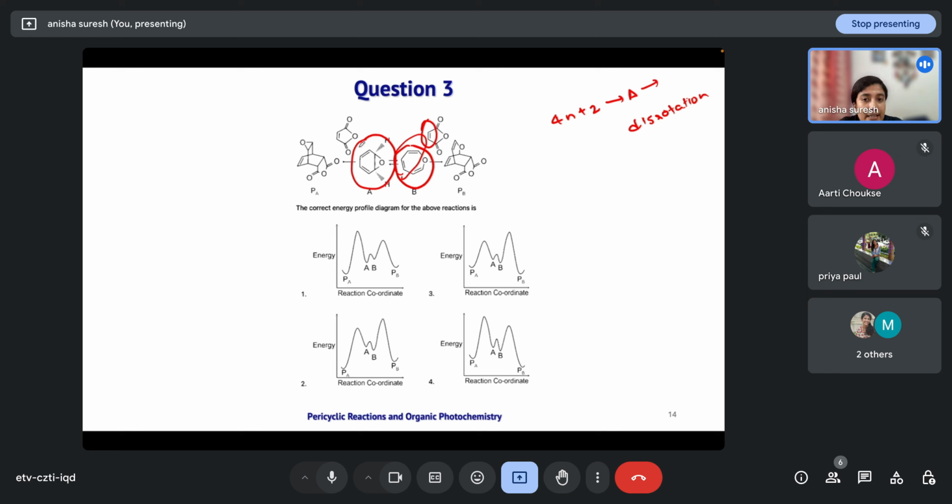And in this case, this is the diene and this is the dienophile. It will result in the formation of the Diels-Alder adduct. So which is the correct energy profile diagram for this reaction?